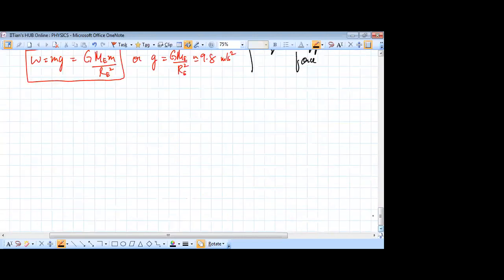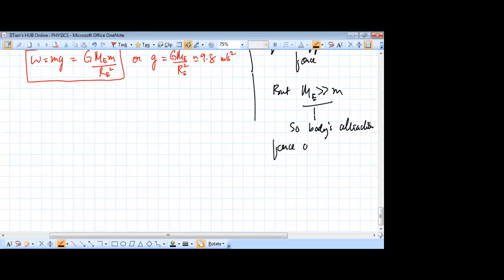But because the mass of the Earth is very, very heavy compared to the mass of the body, the body's attraction force on the Earth has negligible effect on the Earth.